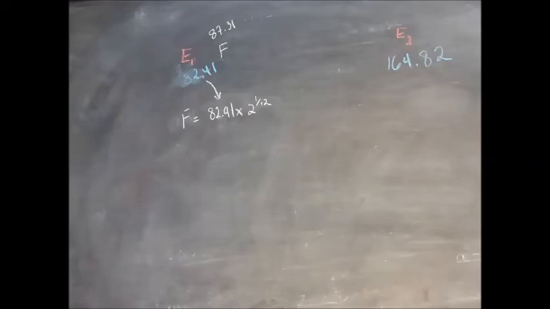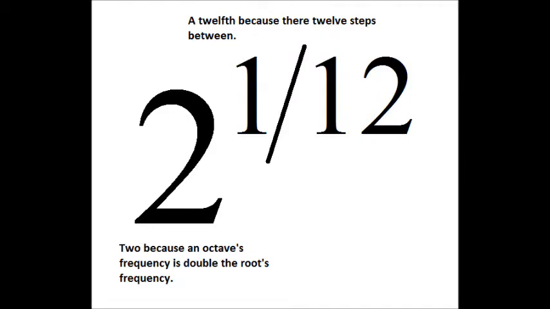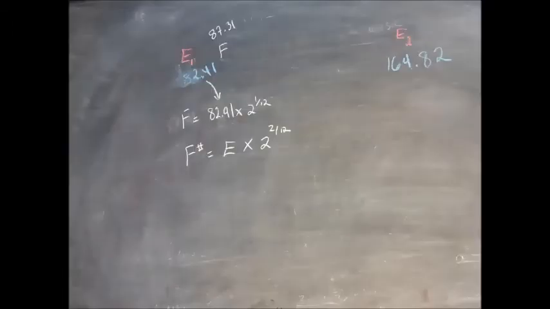Now the reason we multiplied by 2 is because the next octave is double the frequency, and the 1/12th power is because this is our first of 12 steps in between the E and the octave of E. Now for the next note, we would take our 82.41 hertz and multiply by 2 to the 2/12ths power because it's the second step.